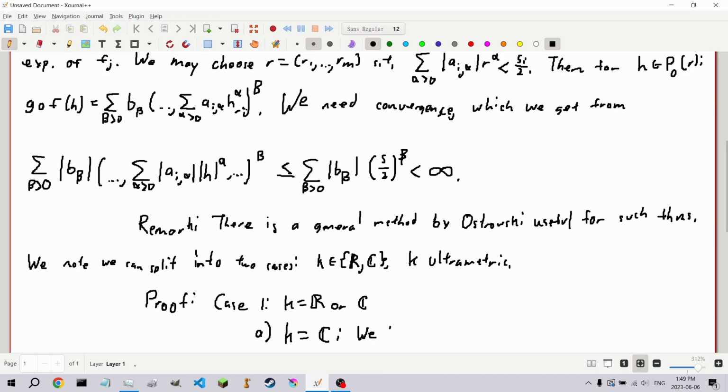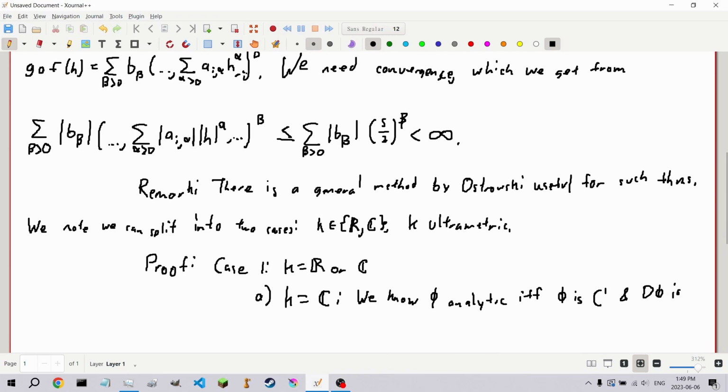As we know, a function phi is analytic if and only if phi is C1 and d phi is a complex linear map.